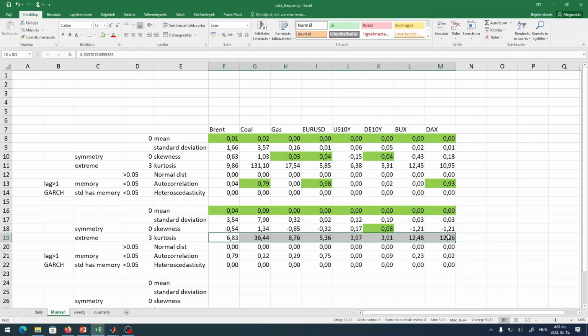And yeah, we can see that with lower frequency we start to have, not green, but at least yellow. So now we have something which is less extreme, but still normal distribution fails, so it's not that great at all.